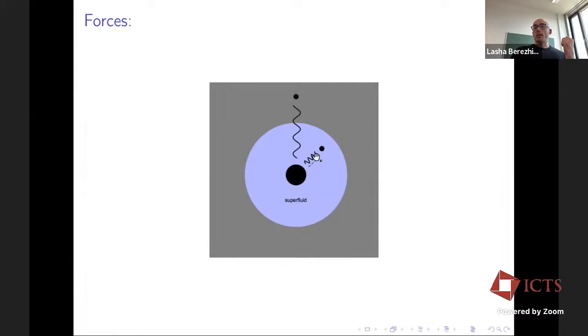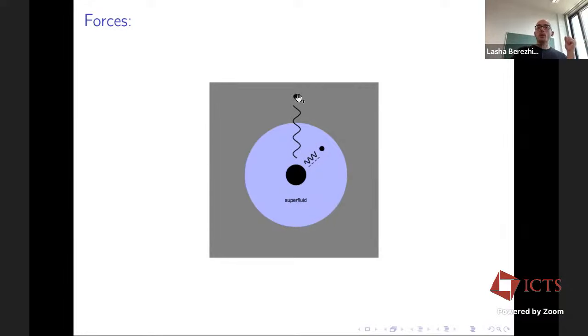A probe particle within the superfluid core interacts with the central baryonic distribution, as well as dark matter, through gravitational interaction, so by the exchange of graviton, which is this wiggly line, as well as by the exchange of the phonon of the superfluid, because superfluid would provide us with a large long-range coherence.